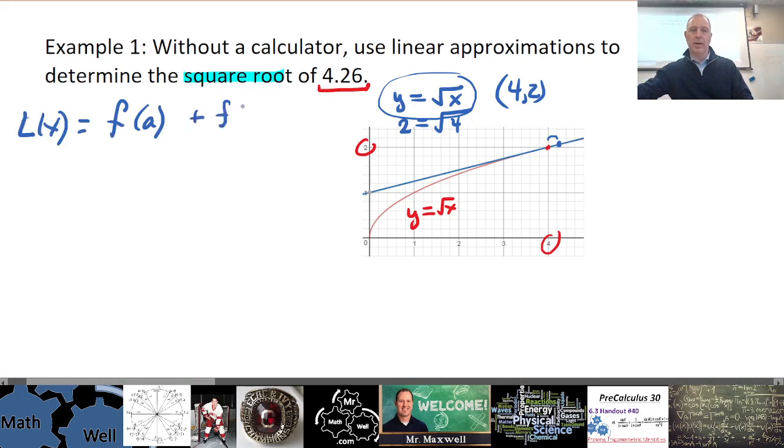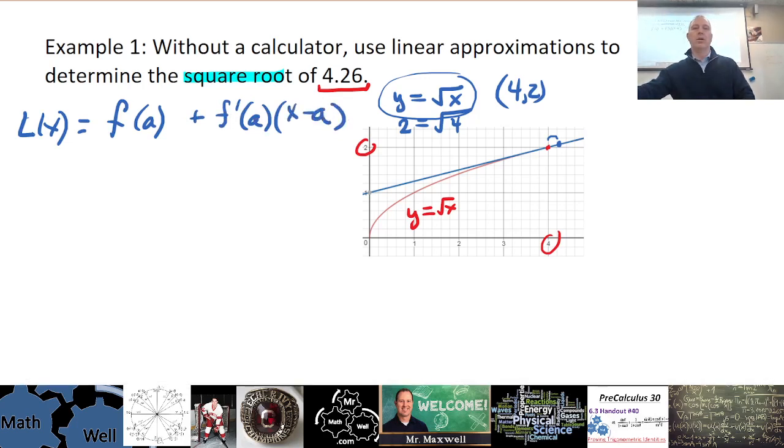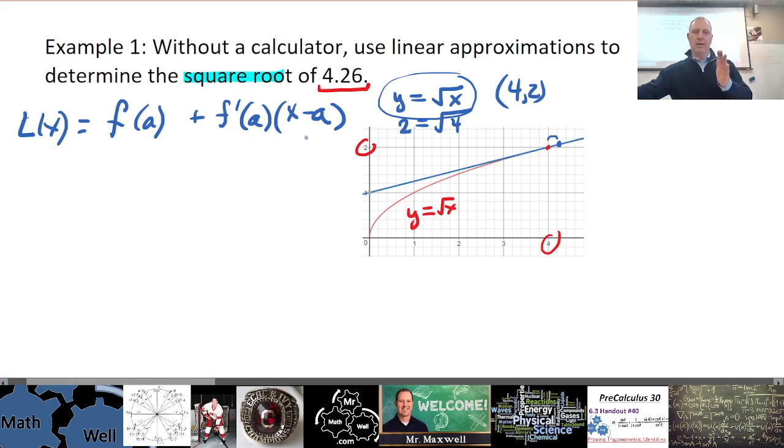What is the a value in this question? The a value is going to be the x value that's known on the graph. So a here is 4, correct? A is 4. So this is going to be a right here.